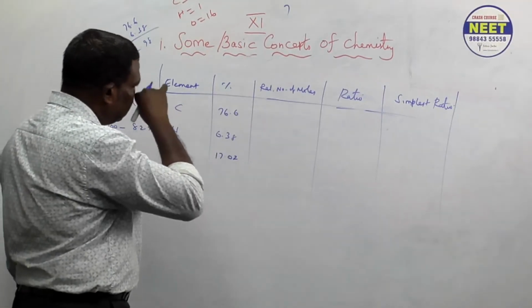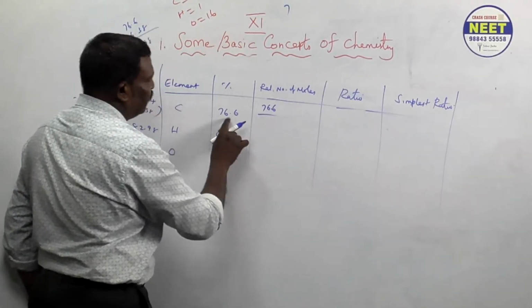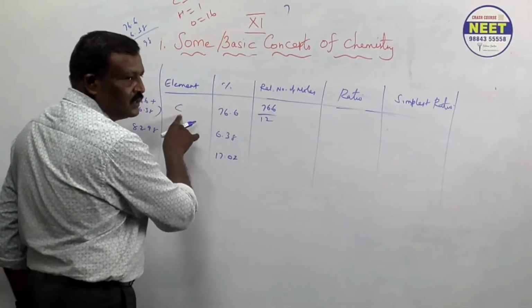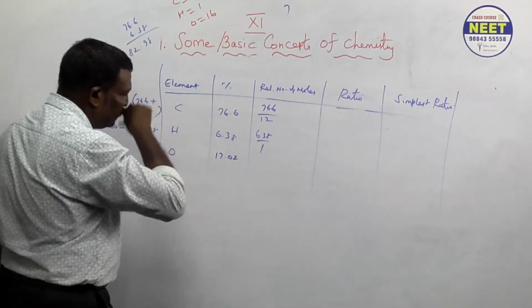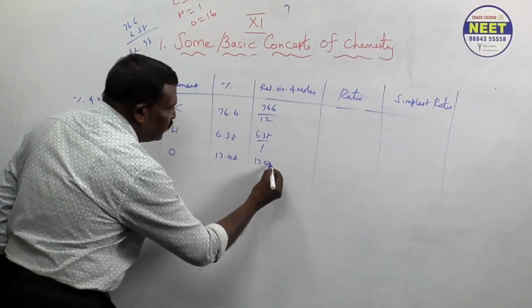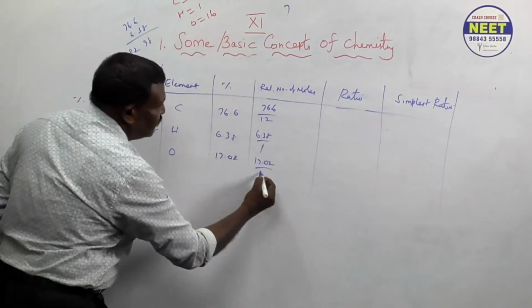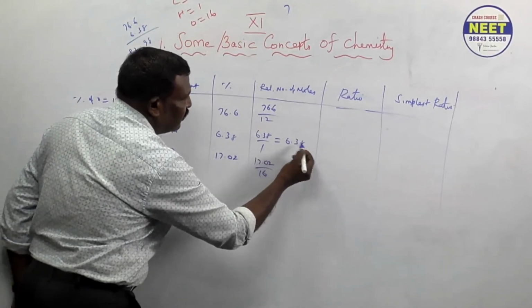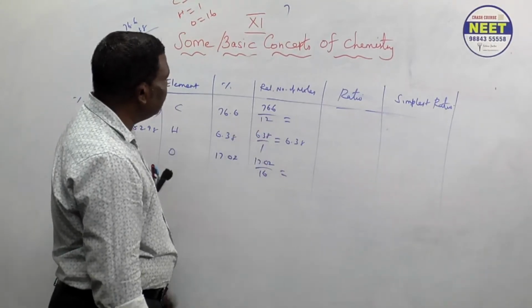Okay, right. Then relative number of moles means mass by molar mass. Carbon, divided by 12. Each and every percentage is divided by its atomic mass: 6.38 by 1, 17.02 by 16. Understood? This is easy.